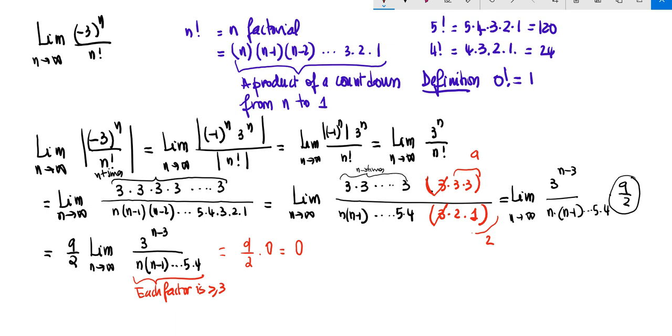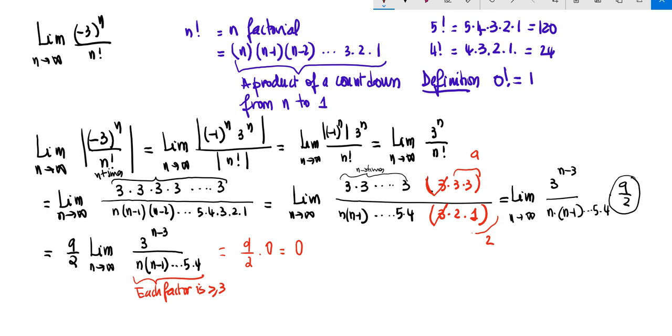All right. So let me try to explain again why this quantity must go to 0. You have 3 times 3 times 3, n minus 3 times, and you also have n minus 3 factors in the denominator, right? And here all the factors are 3's, while on the denominator you have n minus 3 of them, but they're all bigger than 3.